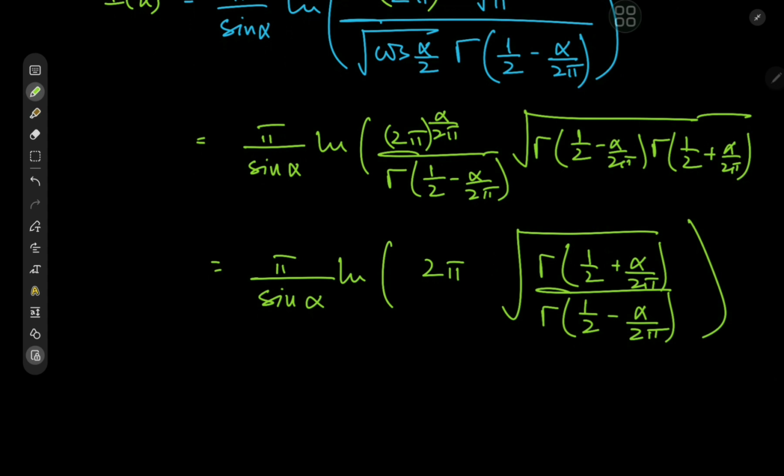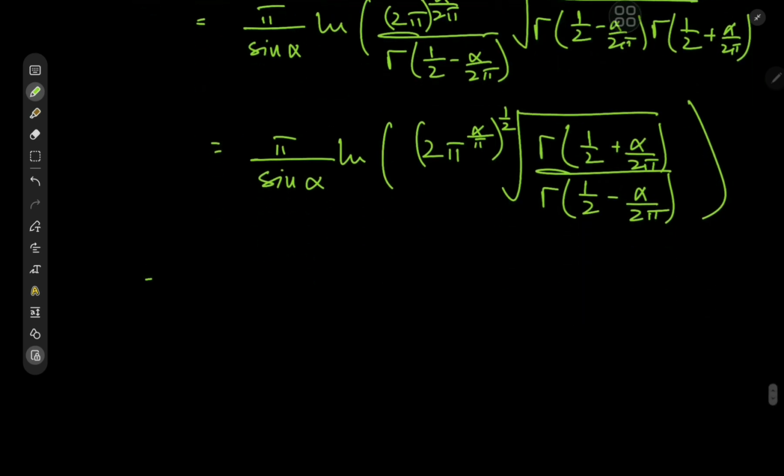In other words, we have the whole thing to the alpha by pi to the 1/2, implying that the integral function I of alpha sorts out to pi divided by sine alpha times the logarithm of the square root. So we'll again make use of the properties of the logarithm.